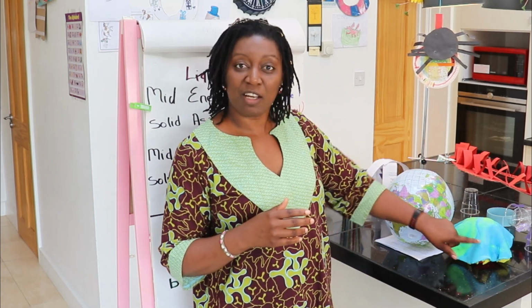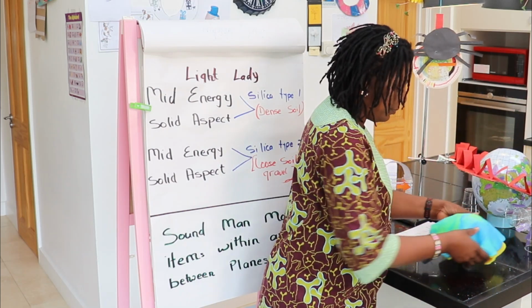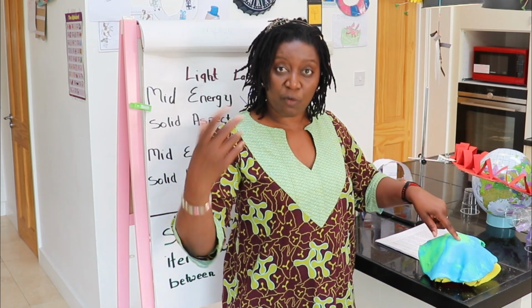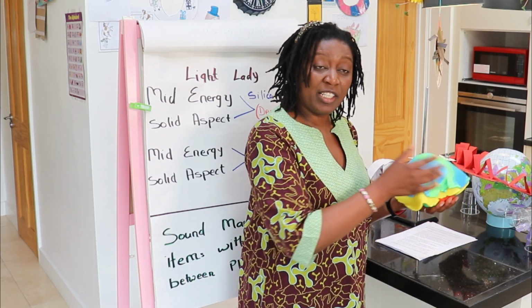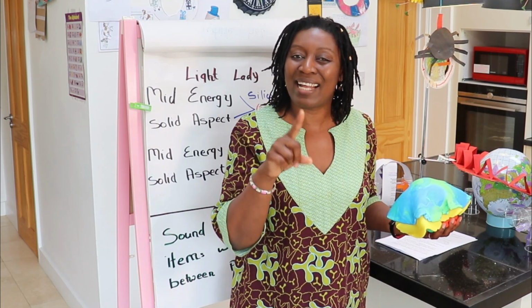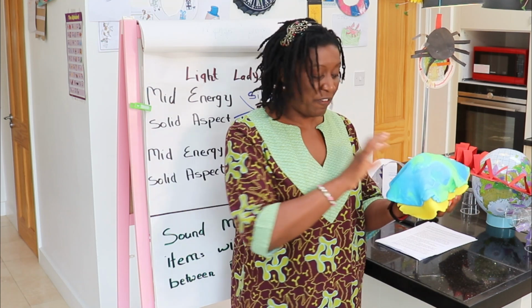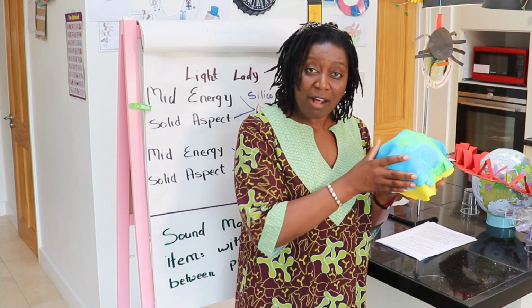Oh, actually, I'm talking about this surface, aren't I? I should have used that. So this top layer, silica type 2, wins the battle for water. And as it spins around the earth, remember this top layer is impregnated with plant seeds, right? Water in the atmosphere goes on the sand, on the gravel.